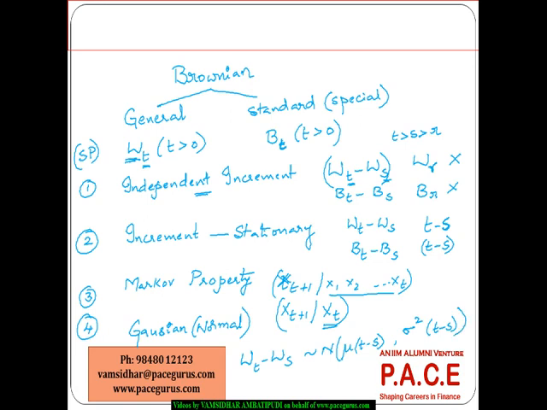But the standard Brownian motion, which is a special form of Brownian motion, follows a standard normal distribution.